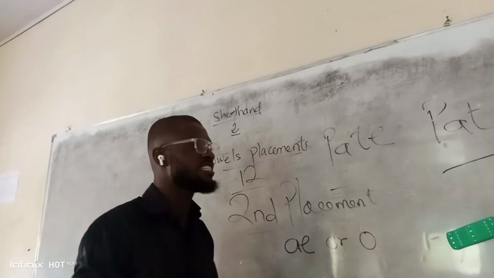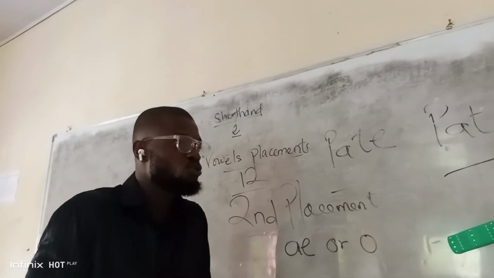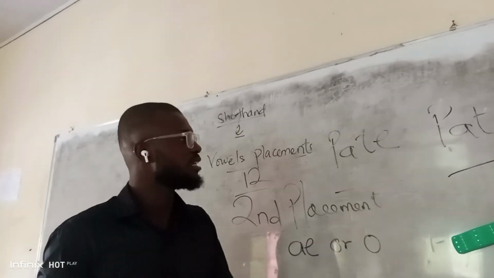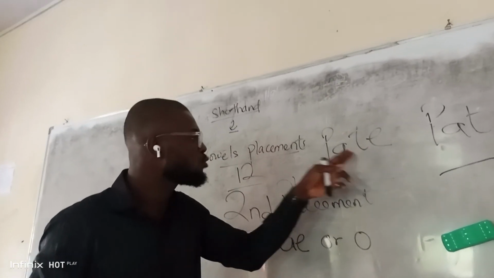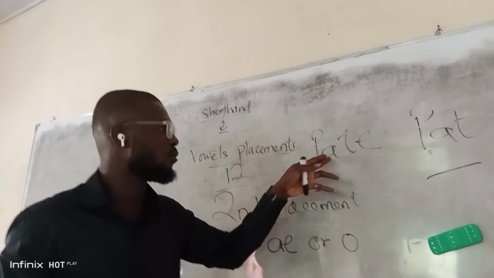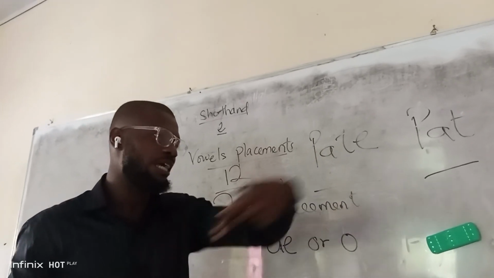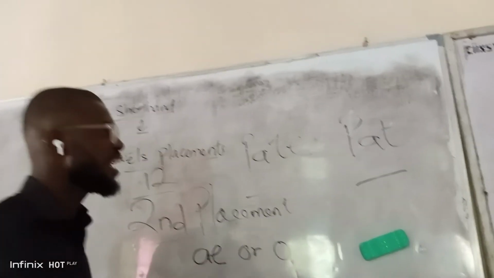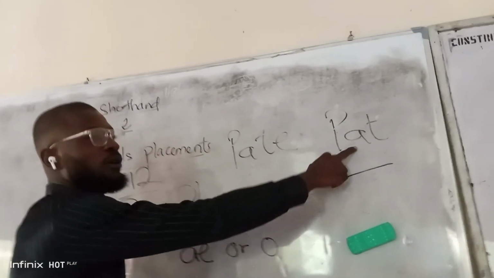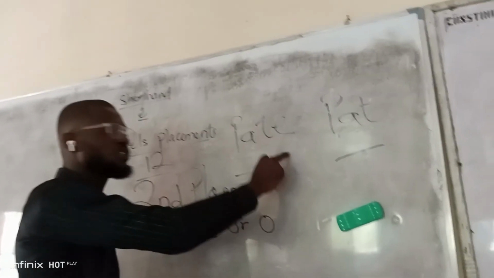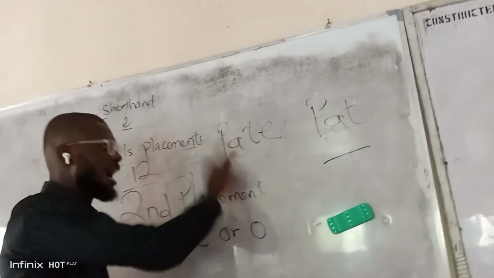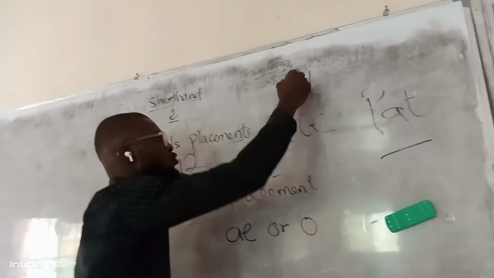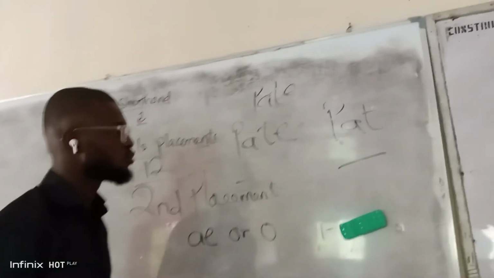Definitely, if there is a consonant in between two vowels, the first vowel and E, that E will make this first vowel sound its letter. And the letter of A is A. So here, A is sounding A, and this E here will now make A sound like A. And you have your pate.